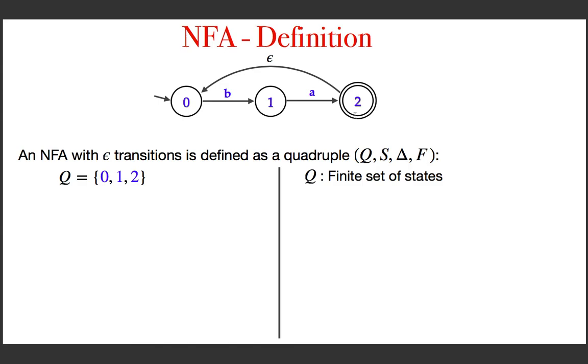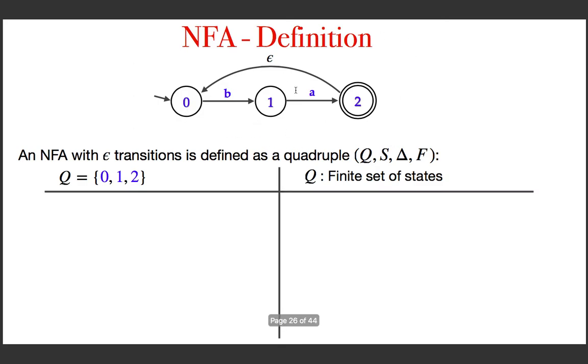The next component is S, which is the set of start states. In this example it is just one state, set {0}, which is a subset of the set of states in the machine.